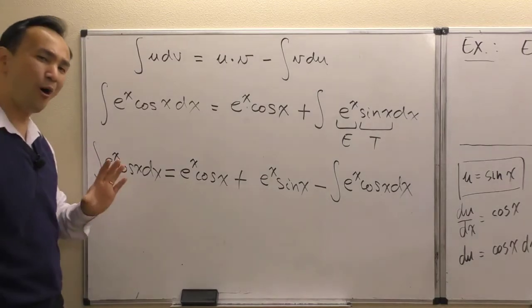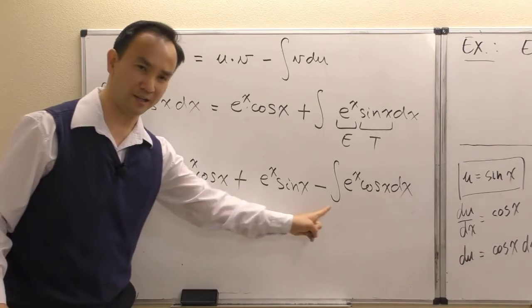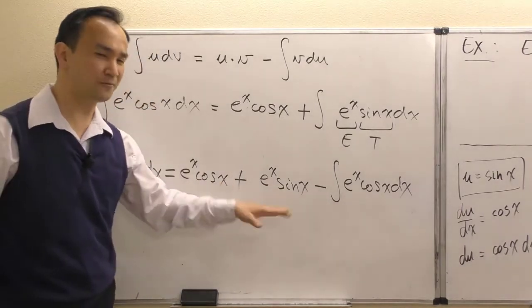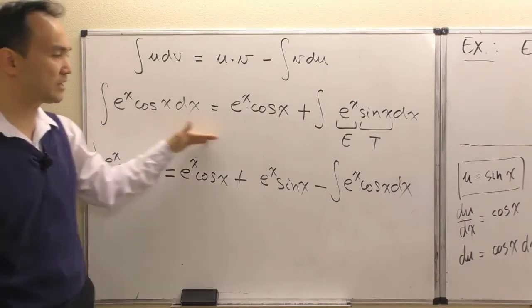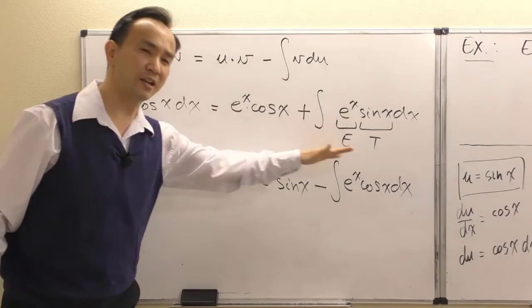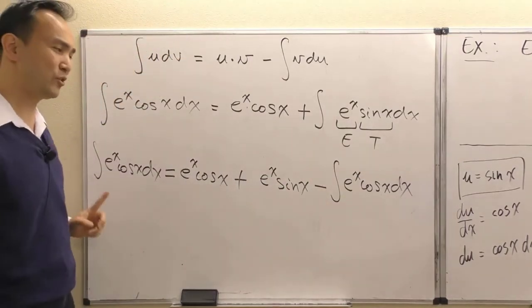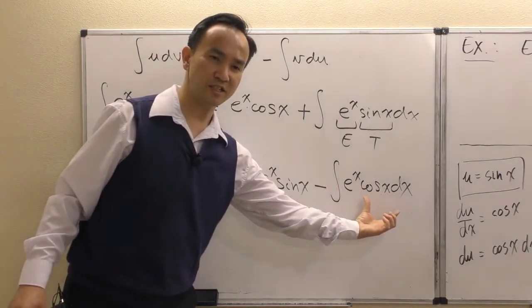Now I want my students to see this as an equality. Forget about solving the integral right now, and simply treat this as an equation. Then what do you see? We have this term, and there's the exact term on the opposite side.